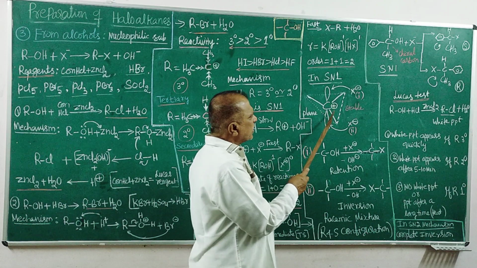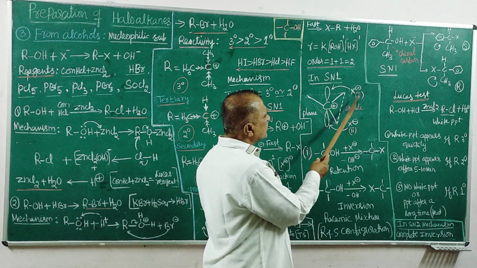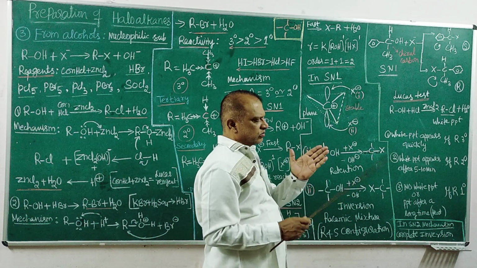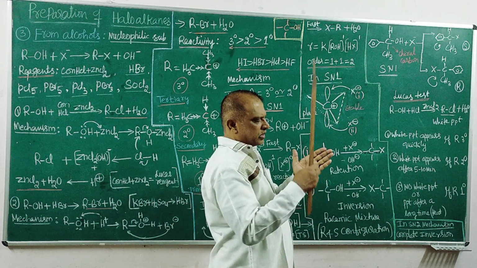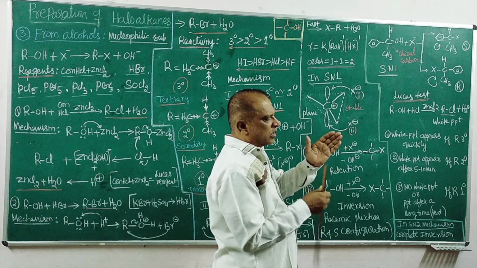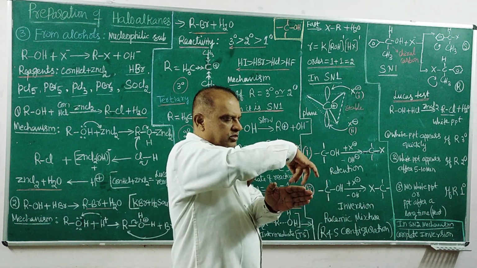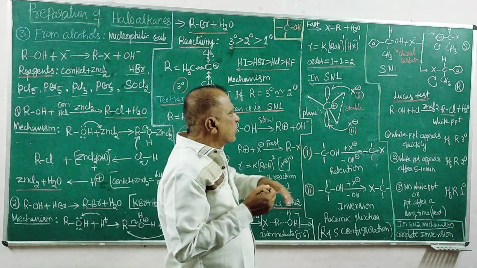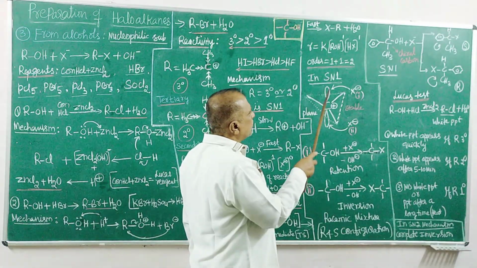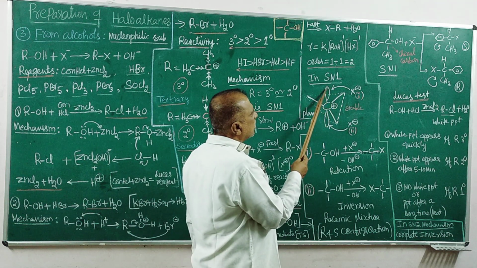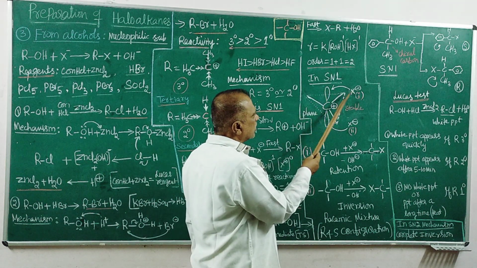Now after the carbocation formation, the halide nucleophile can attack from this direction or from the other direction of the plane. Therefore, there are 2 possibilities: above the plane or below the plane. The halide can attack, forming a chemical bond with this p orbital from this side.